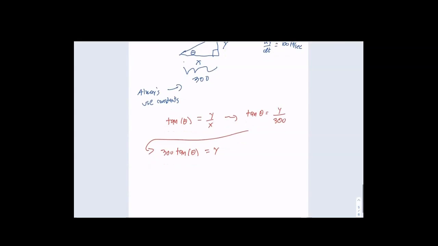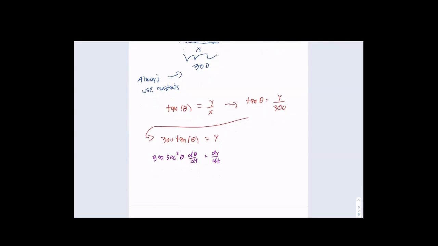Now I take the derivative. The derivative doesn't even require a product rule. It's a nice derivative. I get 300 secant squared theta d theta/dt, don't forget that because that's what we're looking for, equals dy/dt.